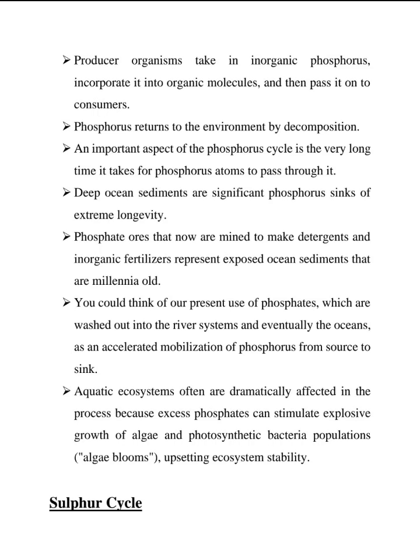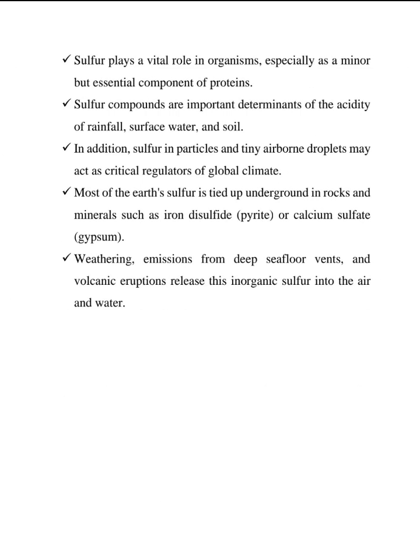Sulfur cycle. Sulfur plays a vital role in organisms, especially as a minor but essential component of proteins. Sulfur compounds are important determinants of the acidity of rainfall, surface water, and soil. In addition, sulfur in particles and tiny airborne droplets may act as a critical regulator of global climate.